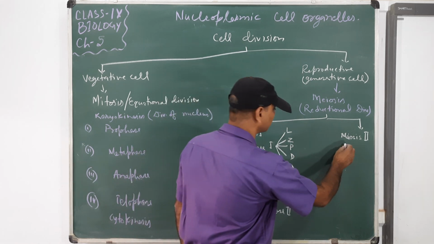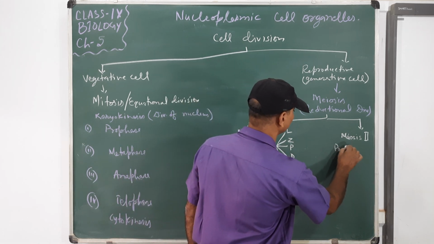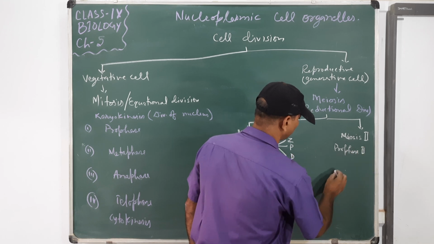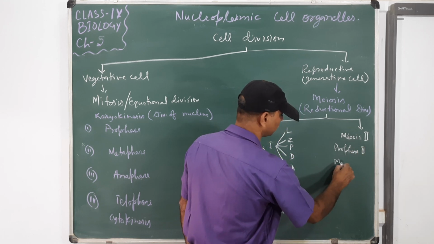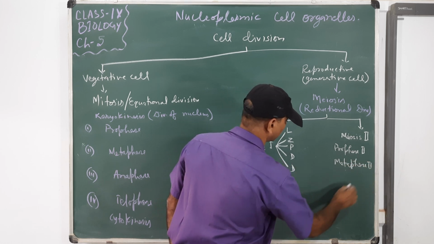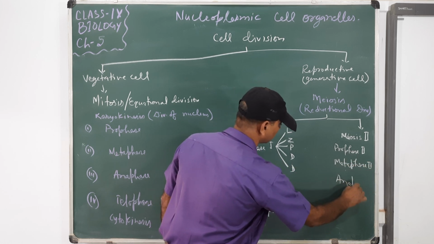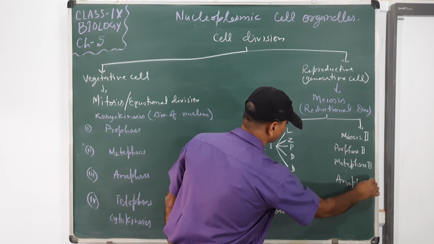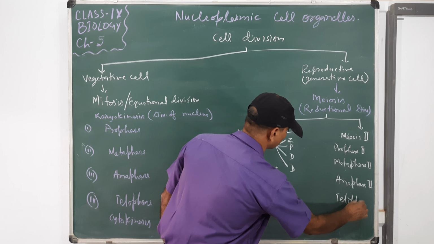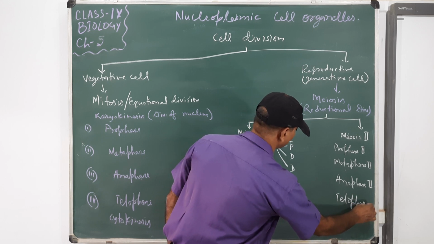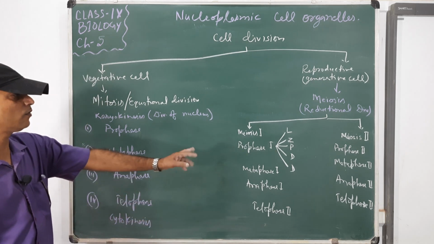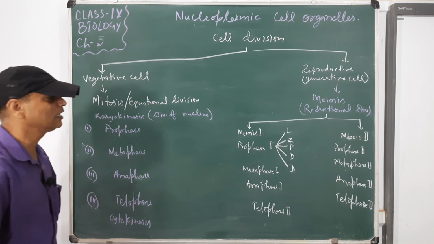After that it proceeds to prophase 2, metaphase 2, anaphase 2, telophase 2. So these are the two types of meiosis here.